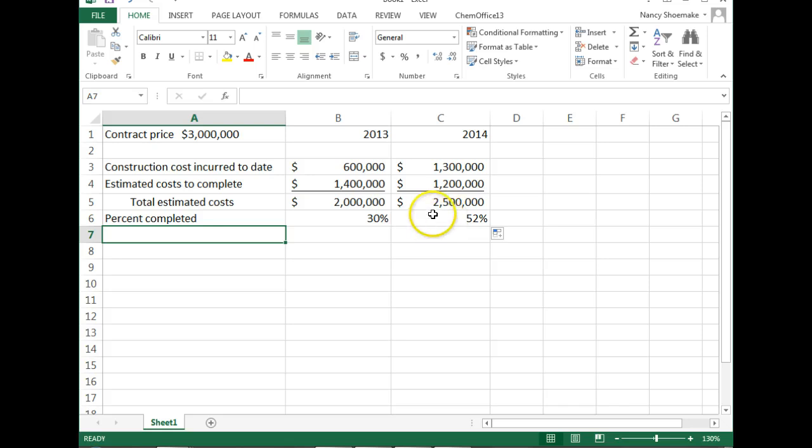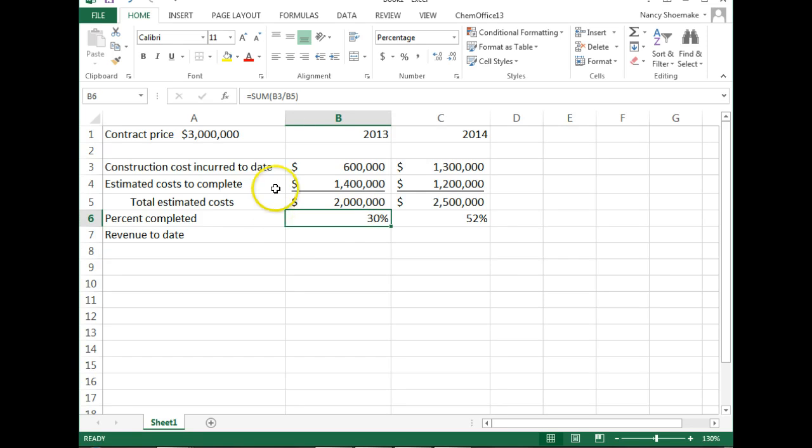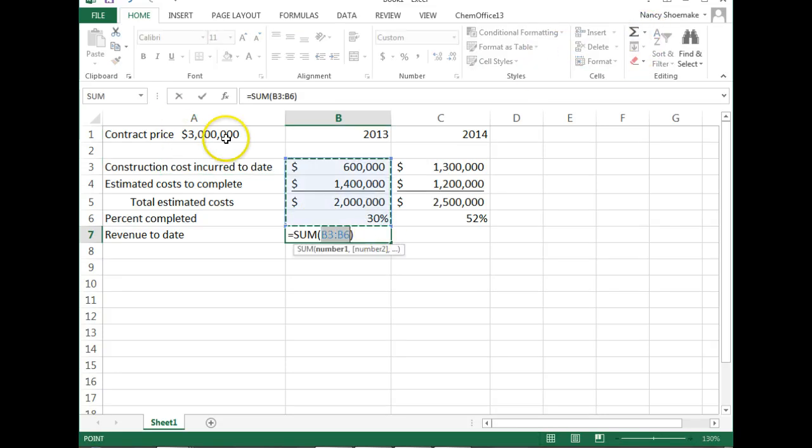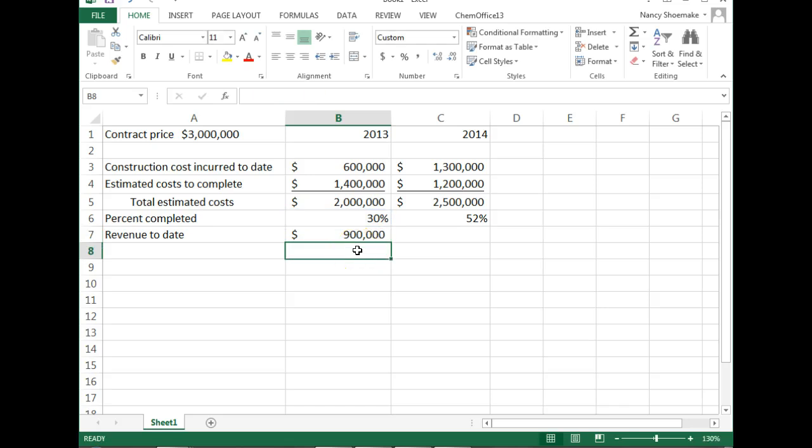So how much revenue have we collected to date? Revenue to date should be 30% of 3 million, or 900,000.